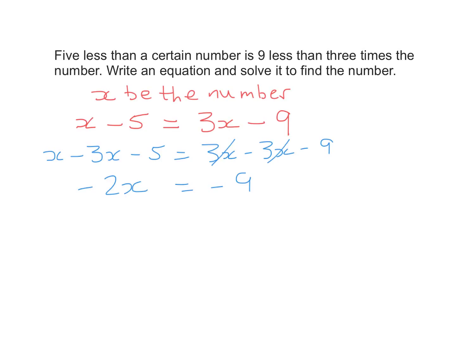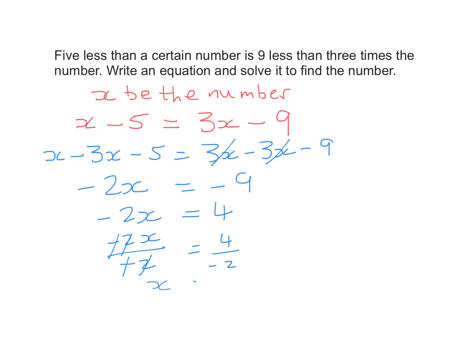We now need to move our 5 across, so it's minus 2x equals minus 9 added to 5 gives me minus 4. Divide this side by minus 2. Those cancel each other out, and therefore x equals 2. And we've solved our problem.